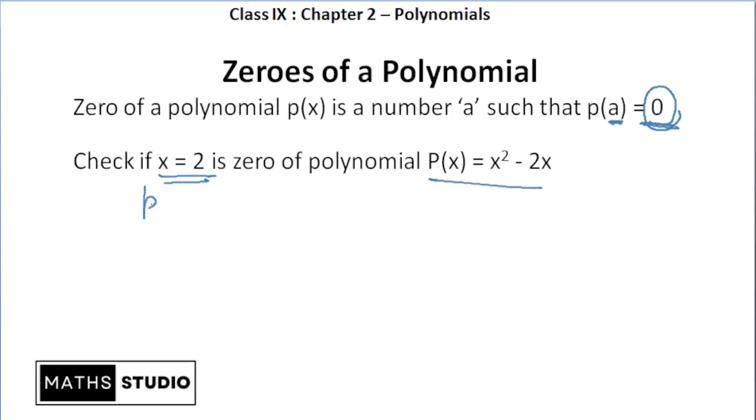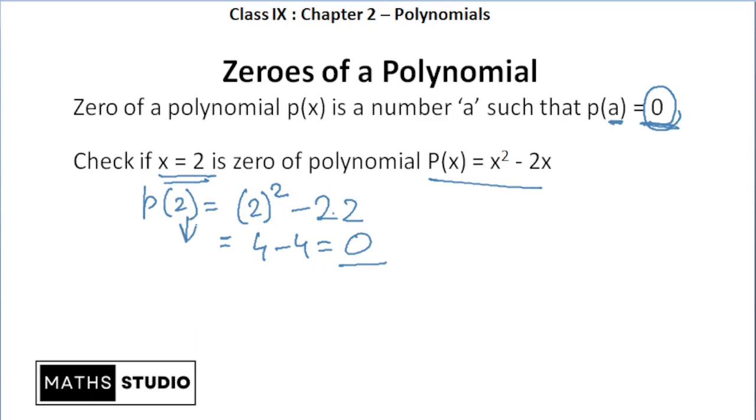We'll put the value p of 2. 2 square minus 2 into 2. What will it become? 4 minus 4, which is 0. That means at the value of x equal to 2, the polynomial becomes 0. So the value 2 is the zero of this particular polynomial.